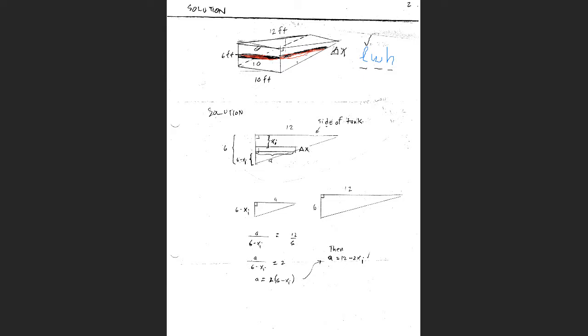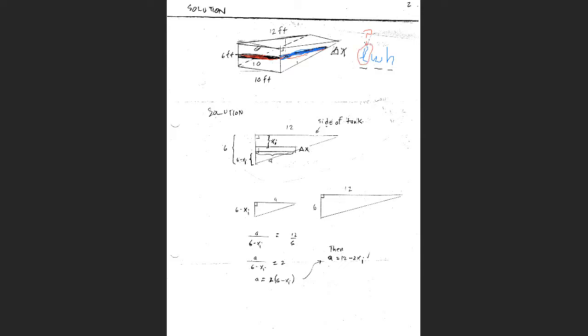The ith layer of water, this part's going to vary. I think of that as the length. The length is going to vary. So right now, the length, we don't know offhand. We've got to find an expression for that length.